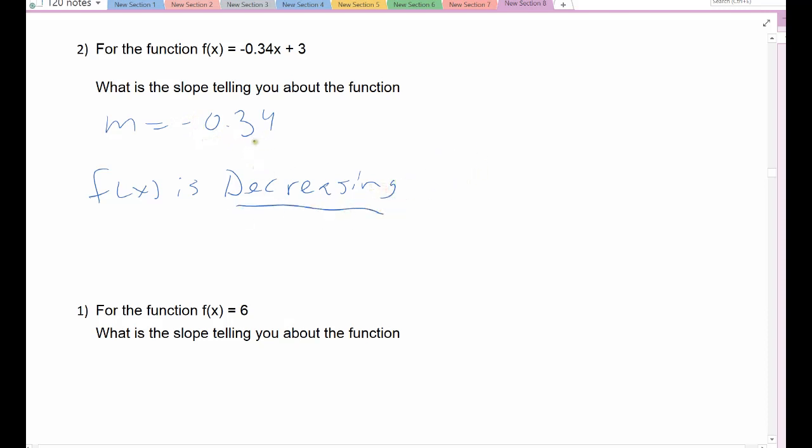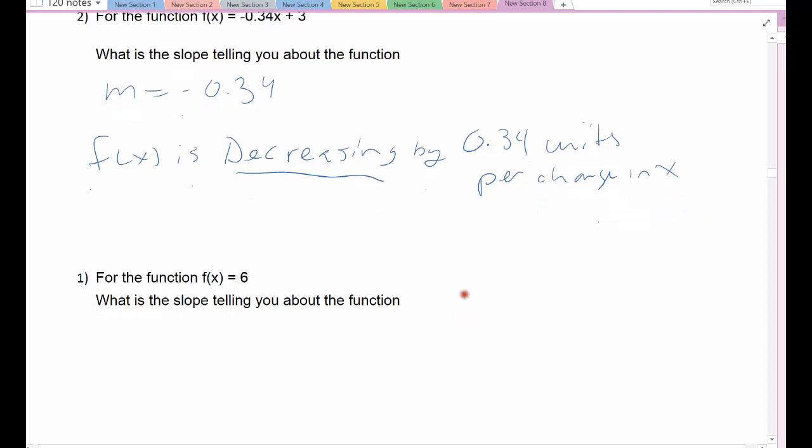It's decreasing by a smaller amount, a slow decrease by 0.34. You don't put a negative on that because I've already taken care of the negative with the word decreasing. Otherwise it's kind of like a double negative: decreasing by a negative would actually mean increasing. So you don't put a negative here. It's decreasing by 0.34 units per change in x, whatever x is.